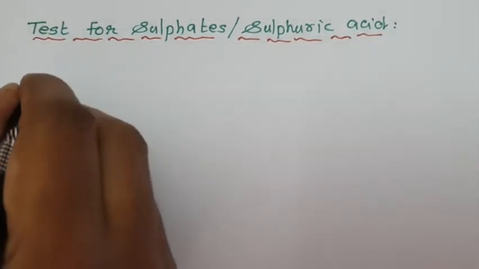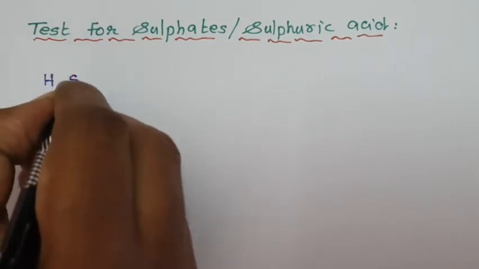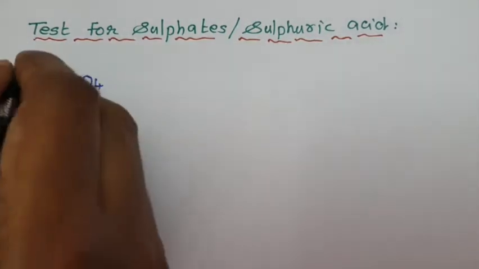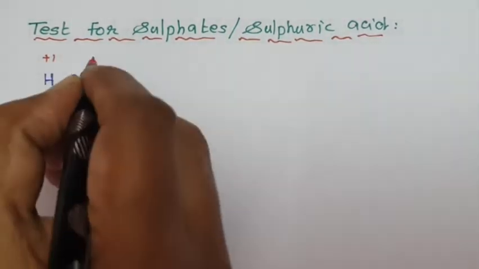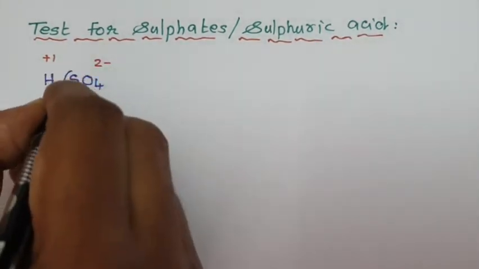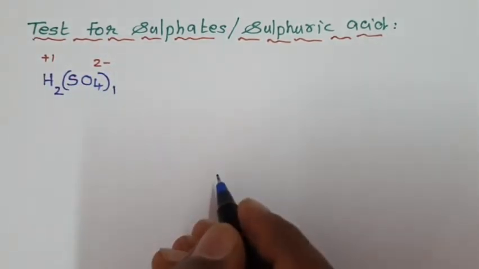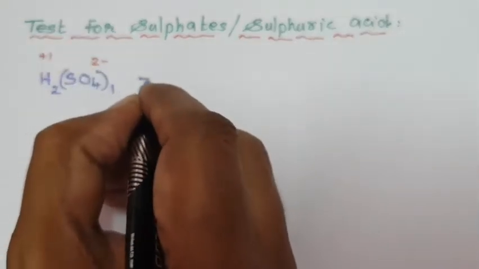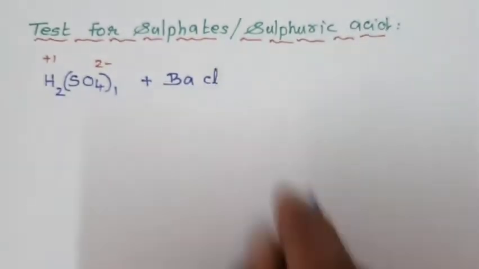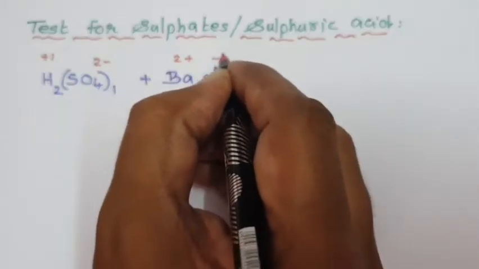When a dilute solution of sulfuric acid is taken in a test tube, hydrogen is a monopositive ion, H+ ion. Sulfate SO4 is a 2- ion. So, when you write the molecular formula, that 2 is here, this one is there, H2SO4. When barium chloride, barium is an alkaline earth metal, 2+ ion, chlorine 1-.